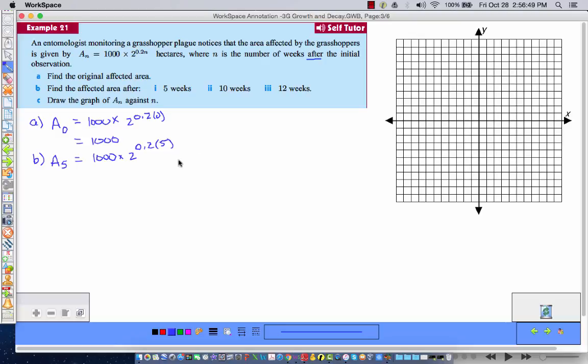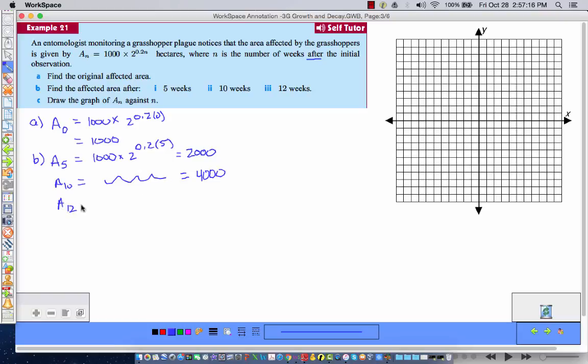So I'm just going to give you the answer, and that answer is 2,000. And then after 10 weeks, so A sub 10 would be the same thing, except the 5 would be replaced by a 10, and we would crank it on our calculator, and that is 4,000 hectares.